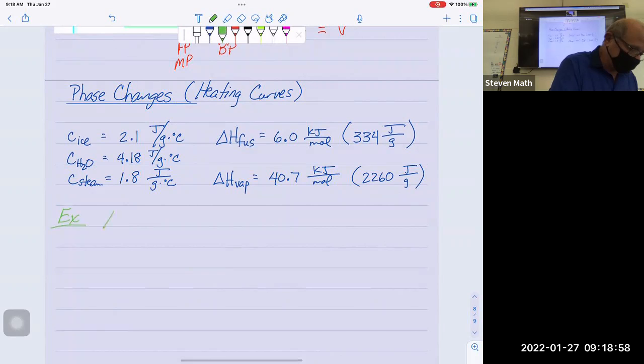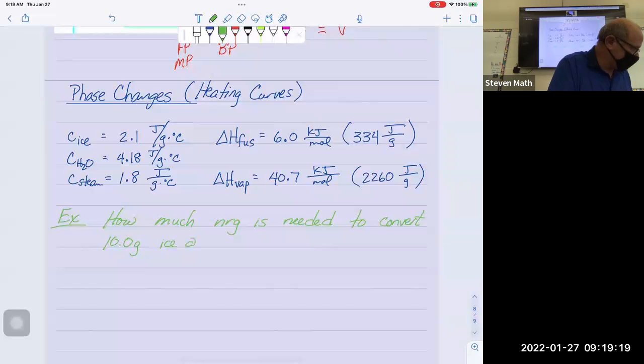How much energy is needed to convert, let's take 10.0 grams of ice at negative 20 degrees Celsius to water at 80 degrees.